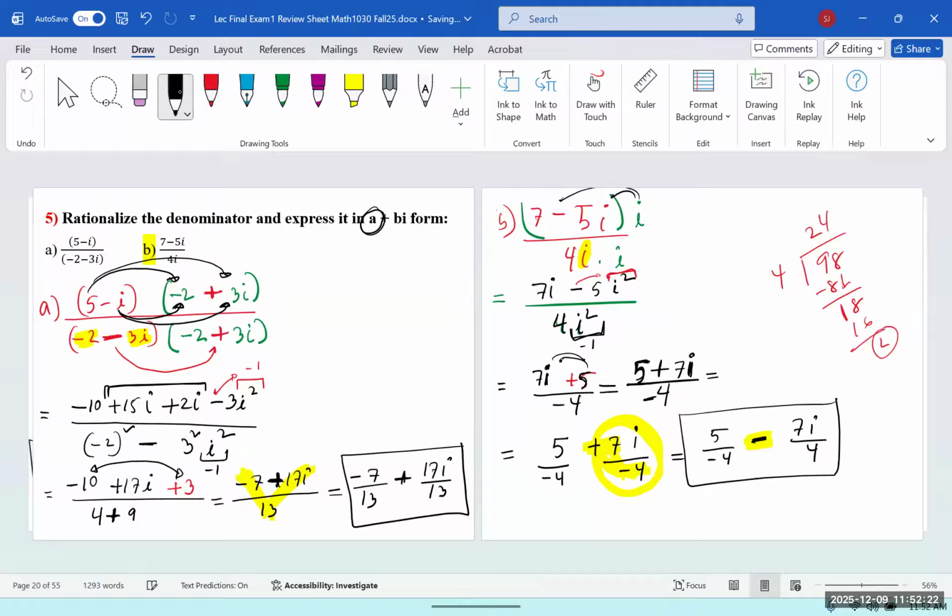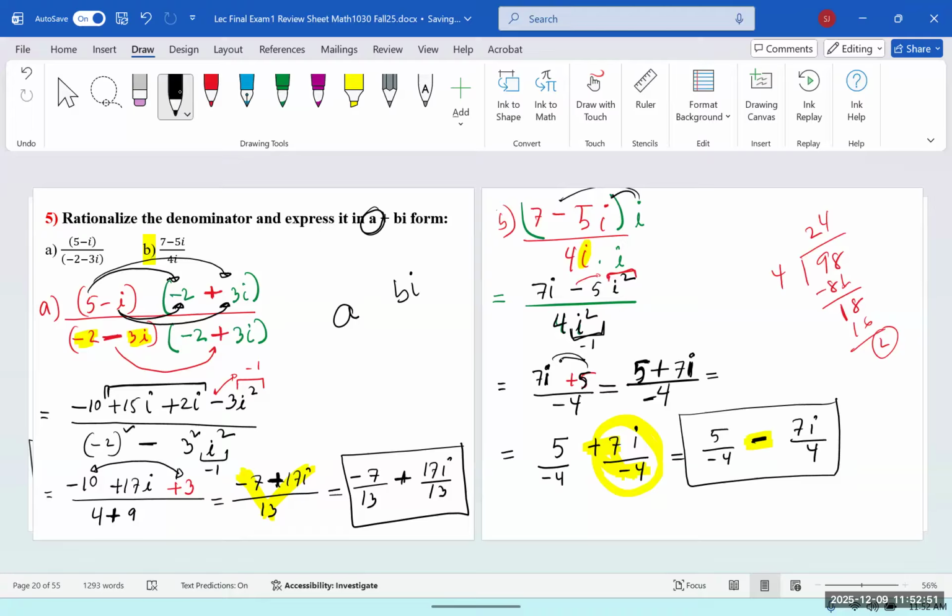I know that because it says a plus bi form, that doesn't necessarily mean that a has to be plus bi as shown here, right? But you cannot add a and bi because they are not the same kind of number. a is a real number and bi is an imaginary number, so you cannot combine them. You cannot add 5 plus 7i.